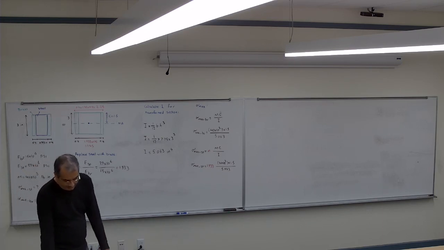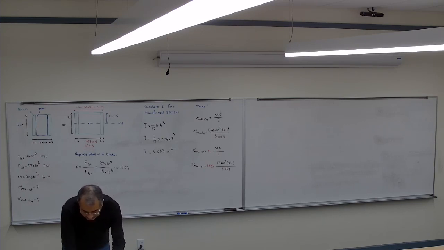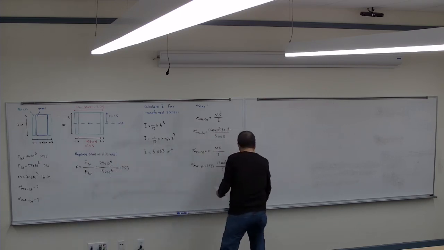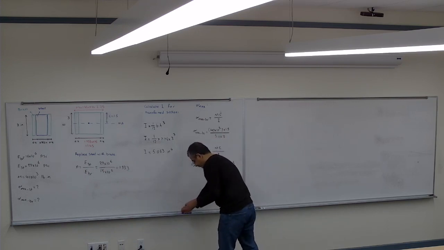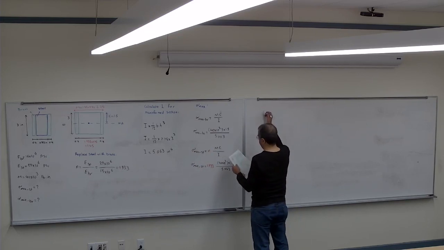Next one, we're going to have steel and wood in the cross section, but they are not going to cover the entire height. So I have a cross section that looks like this.